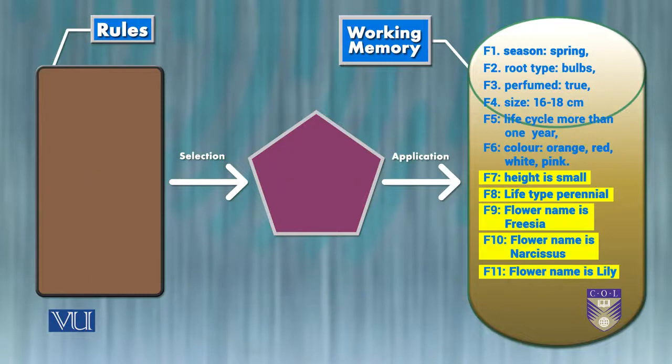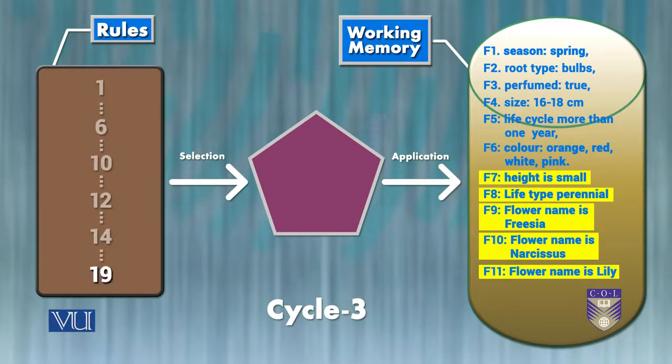Now let's carry out a third cycle of this Rete algorithm. Matching again. We see rules 1, 6, 10, 12, 14, and now rule 19 is also applicable. Since rule 19 has been matched, rule selection criteria, I think you can now guess. We can only apply rule 19 since all other rules have already been fired.